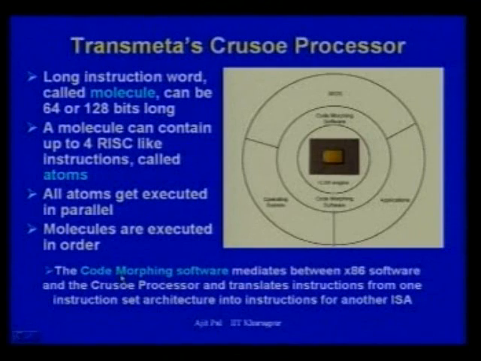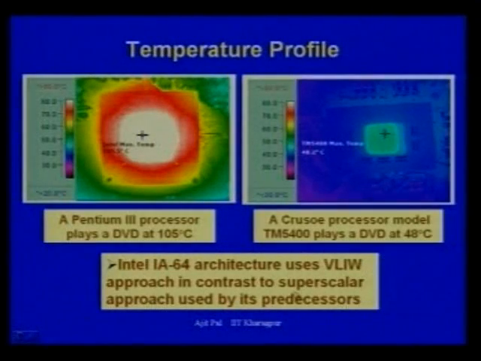You may have heard of this term morphing. So here we are doing code morphing. We are translating from the Intel instruction set architecture to the instruction set architecture of the VLIW processor. And this is how it is being done. Let's see the outcome of this.